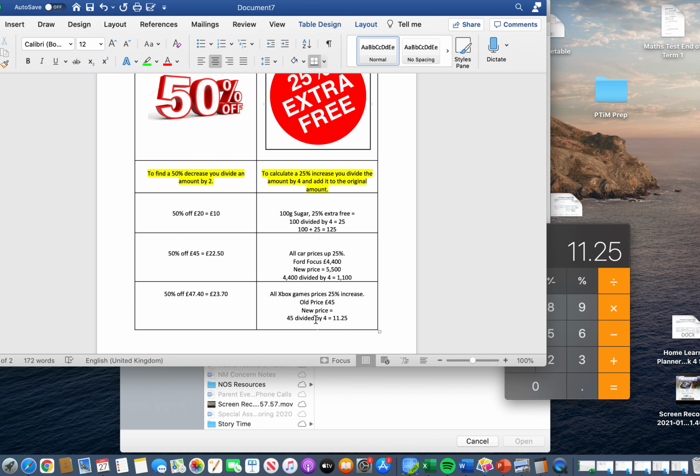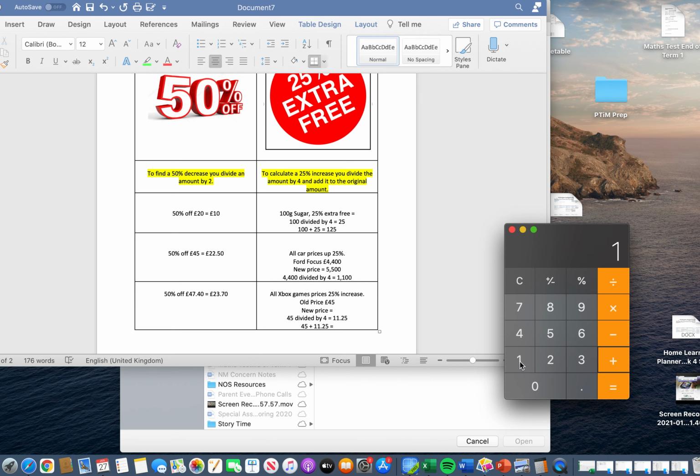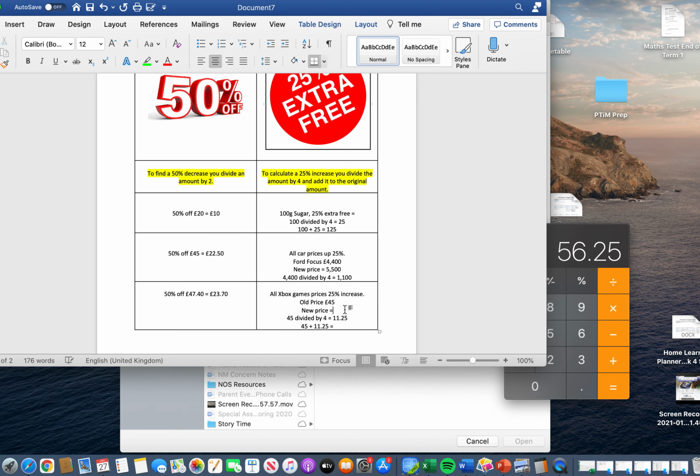Then it says here you add it to the original amount, which was 45. So £45 add £11.25 equals £56.25. So the new price for that is £56.25.